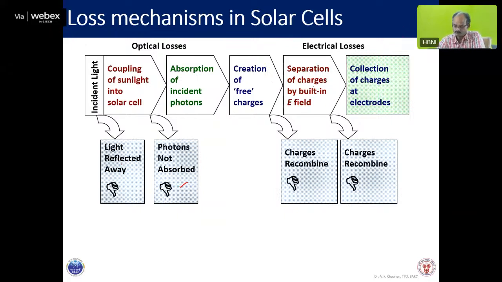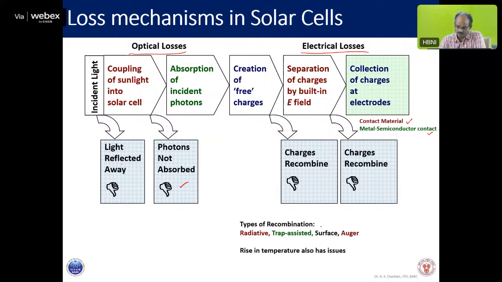So now you have two kinds of losses, optical losses and electrical losses. The contact material, as we saw earlier, is also important, and the metal semiconductor contact also creates a problem for the collection of charges at electrodes.